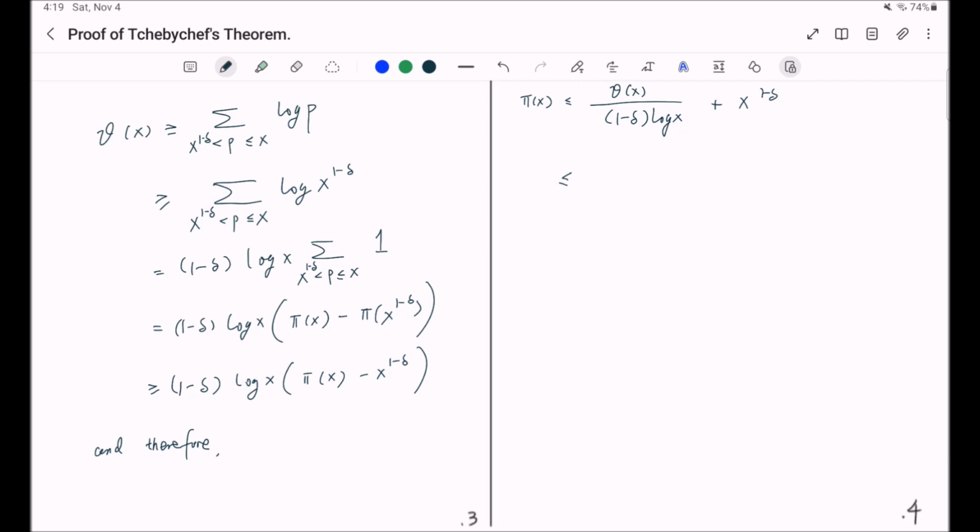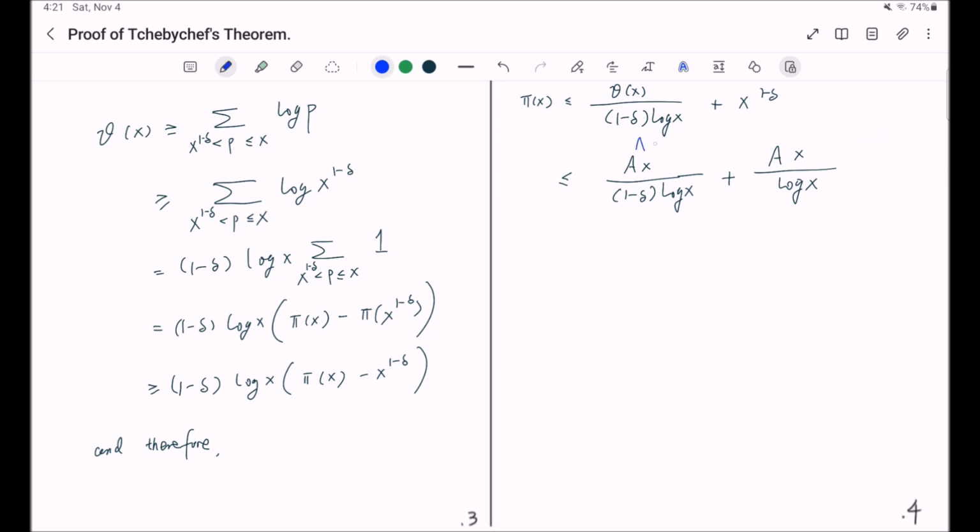And these two terms can be upper bounded by, first, observe that theta of x can be upper bounded by some constant times x. And for the second term, x to the 1 minus delta, we claim it is bounded by some constant times x divided by log of x. This is because log of x grows slower than x to the delta.